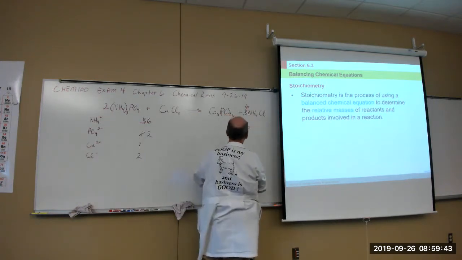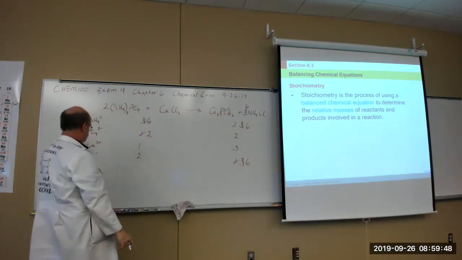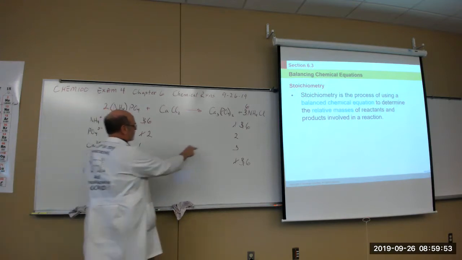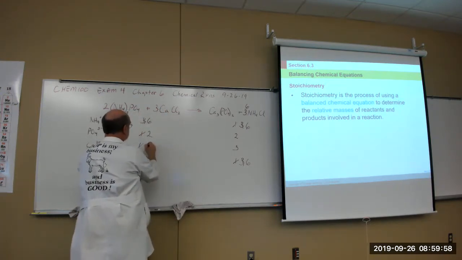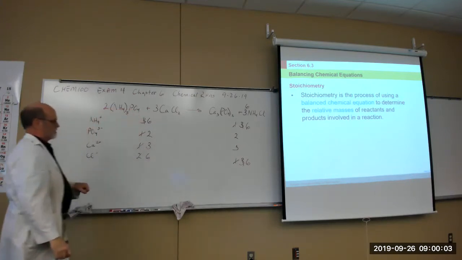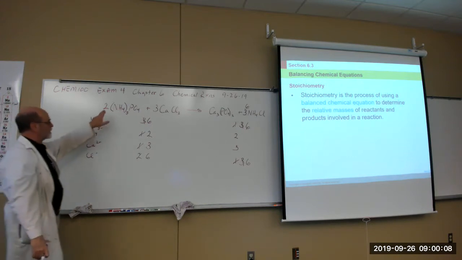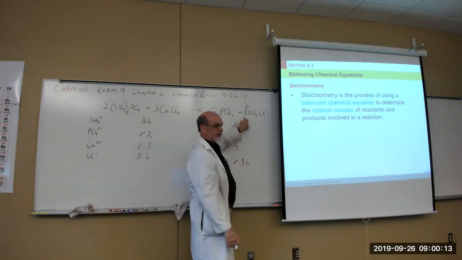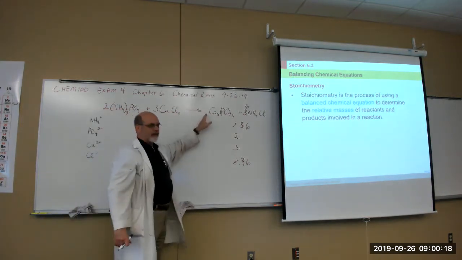That makes this 6. Now, we'll see how many calciums we've got. We need 3 calciums here, and that gives us 6 chlorides. Looks like we're balanced. So our coefficients will be 2, 3, 1, and 6. Like I say, don't forget that 1.